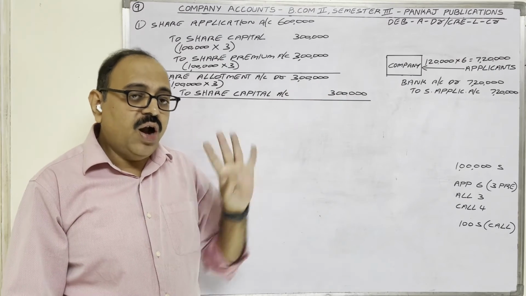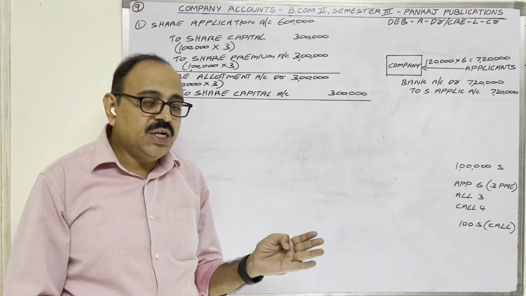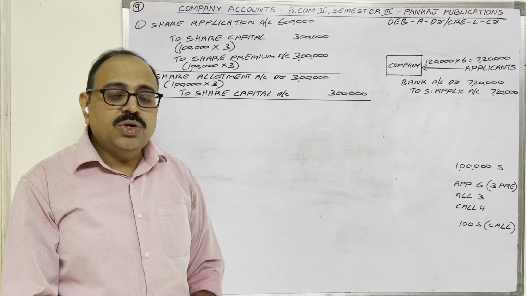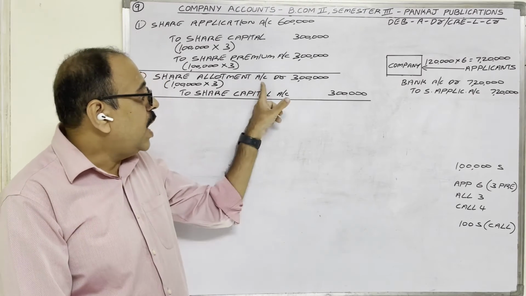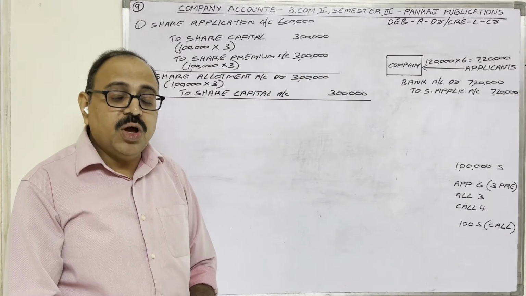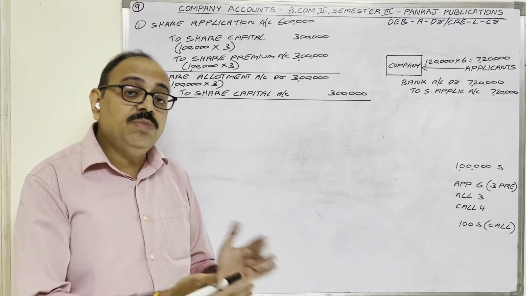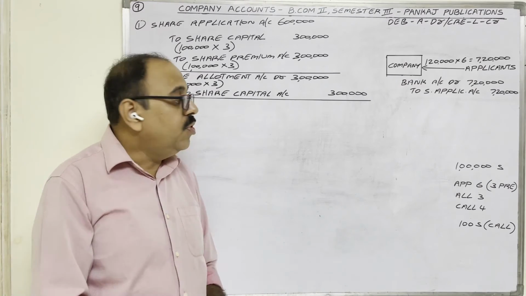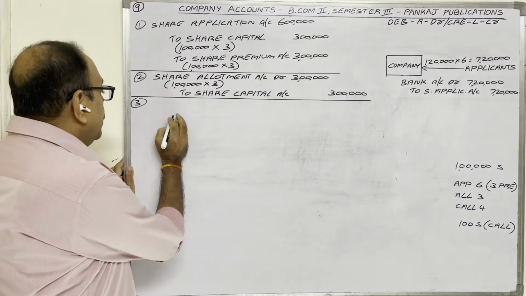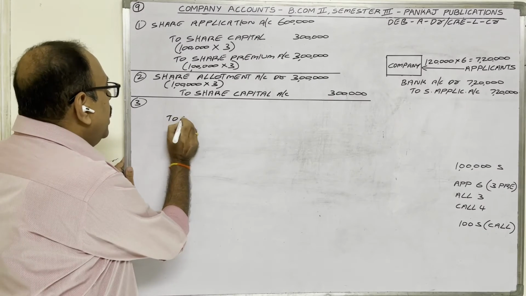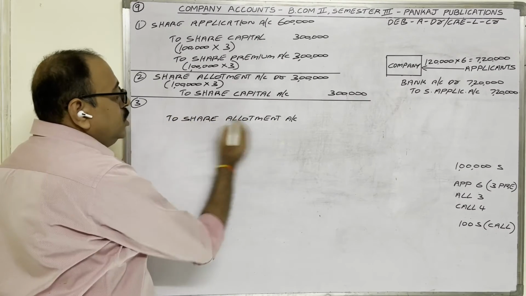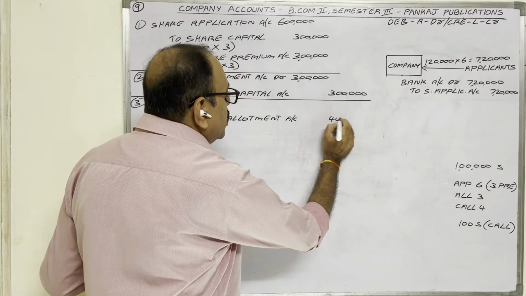Allotment money 3 lakh rupees should come. In that, 40,000 from application the company is adjusting now. So for 40,000 the applicants are not debtors now, because we are adjusting that 40,000 from share application account. Therefore, for 40,000 we have to credit share allotment account. To share allotment, 40,000 rupees.